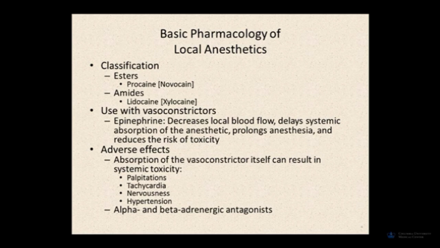So the adverse effects, if they're going to happen, are usually because there's some spillover into the systemic circulation of the vasoconstrictor. So we tend to see things like palpitations, tachycardia, nervousness, hypertension, if we're going to see it.